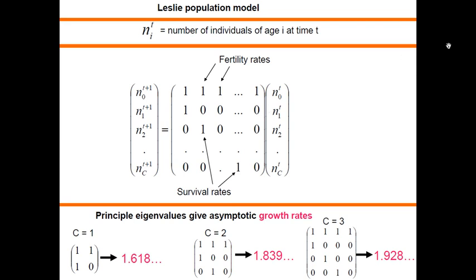And this is really nice because the laws of matrix multiplication just make this drop out. It just makes it work. And you can do a lot of analysis, linear algebra and things like that, to determine things like the asymptotic growth rates of these systems, the principal eigenvalues and associated eigenvectors, and how many individuals there will be of different ages asymptotically.